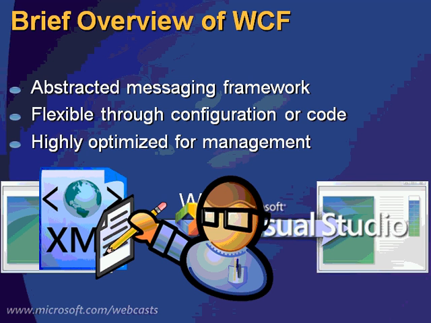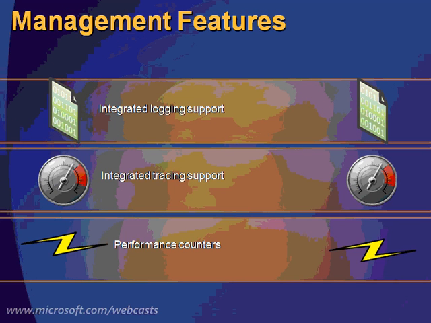Now, in Visual Studio 2008, as well as in the SDK for Windows Communication Foundation, there's a number of really nice things that we're going to look at. The messaging and tracing show explicitly what is going on, and we can see it as it's happening and get a good feeling for how our service is operating.